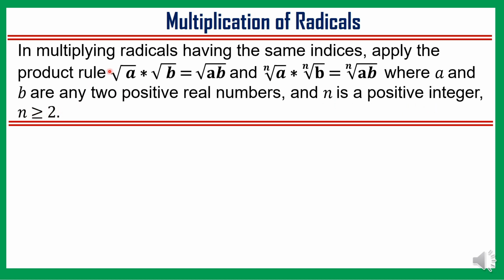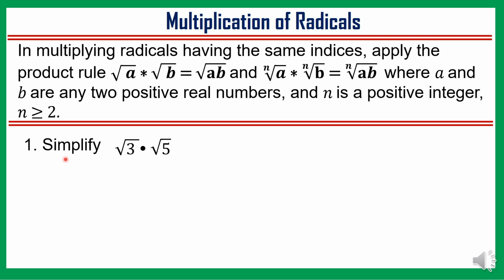Of course, kapag gumamit tayo ng radical symbol or the square root symbol, ang pinakamababang index po natin dyan is 2. Kaya ang n natin lagi ay greater than or equal to 2. Okay? Para mas maintindihan, let us apply that property in our examples.